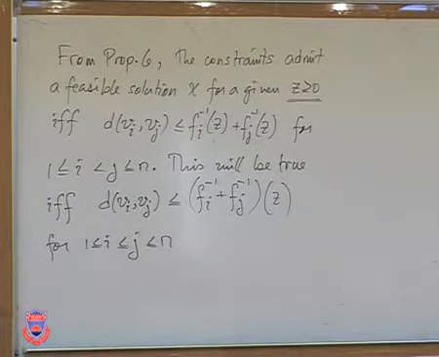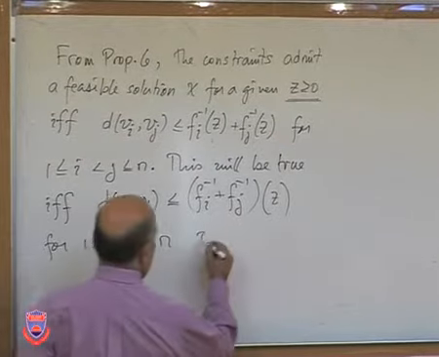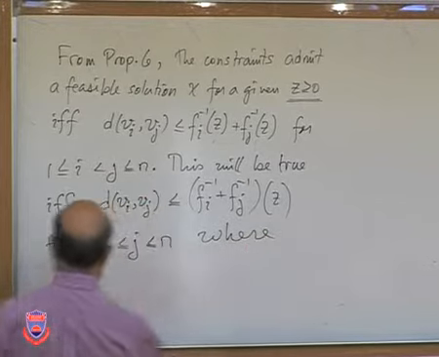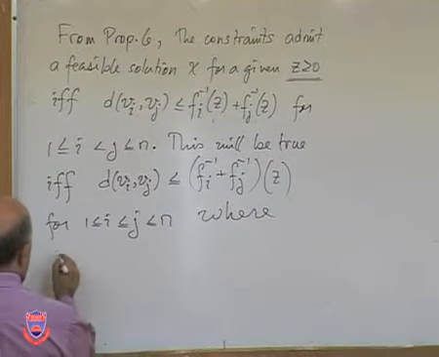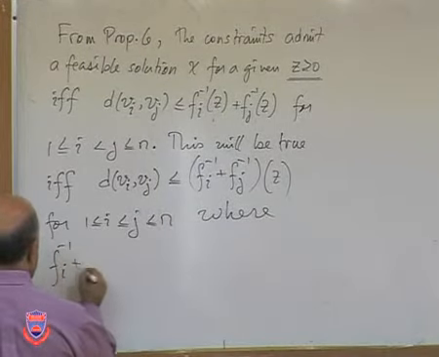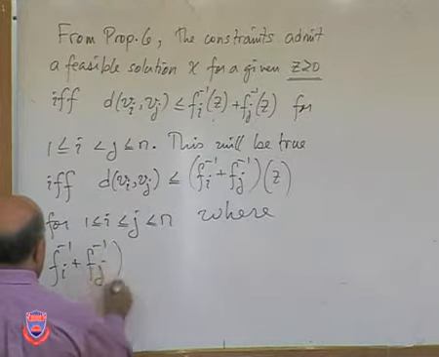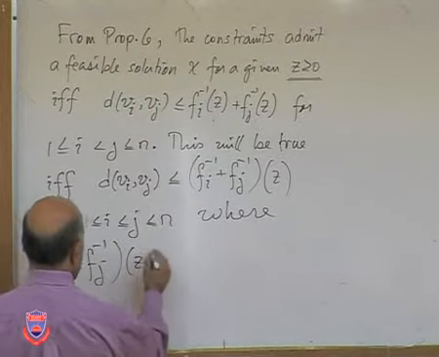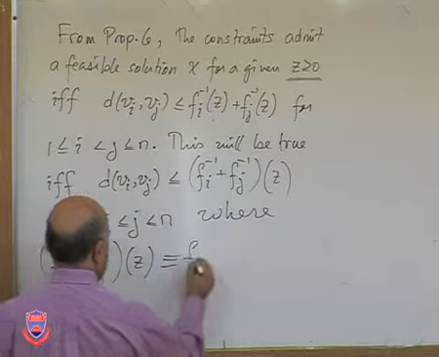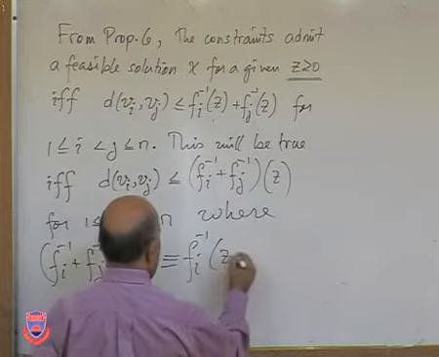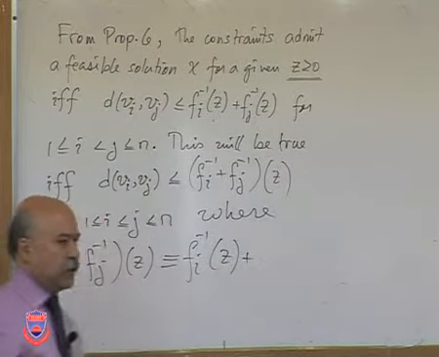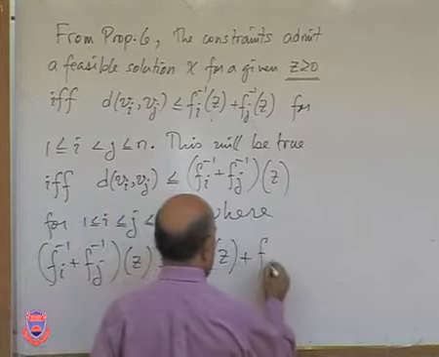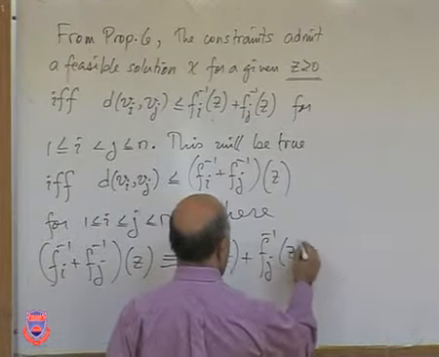So you might want to work on it at home if you wish to. Okay, so where fi inverse plus fj inverse is simply defined to be the first function evaluated at z plus the second function evaluated at z.